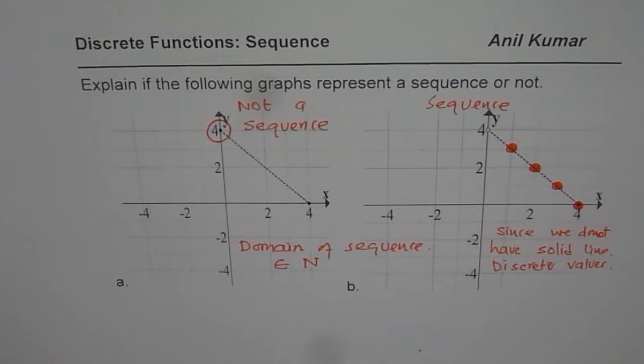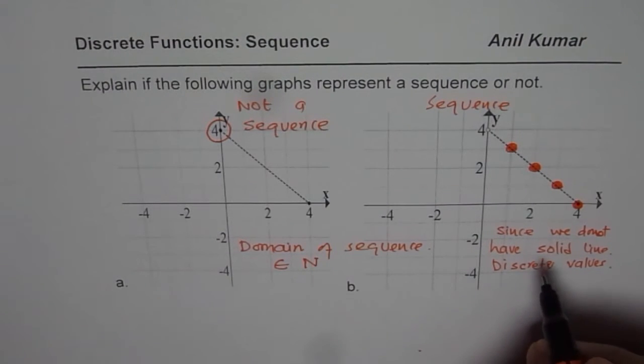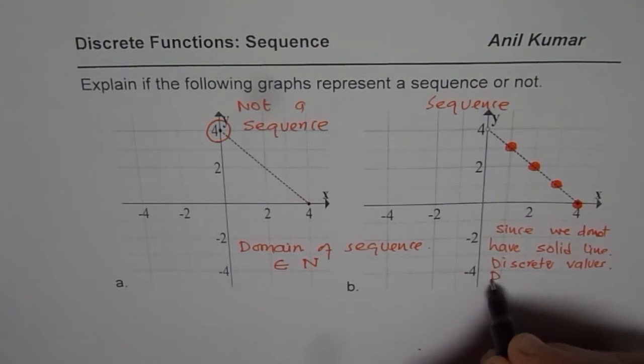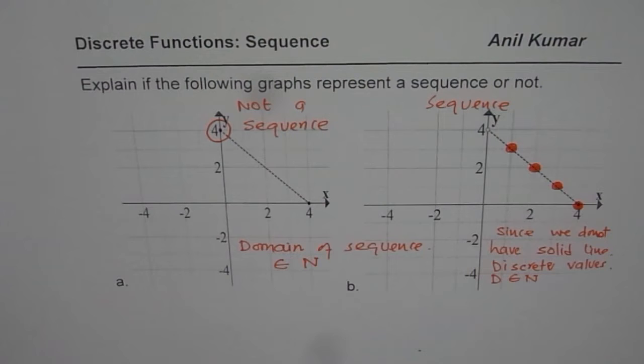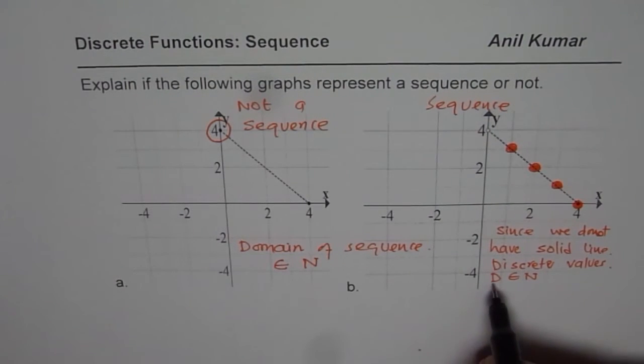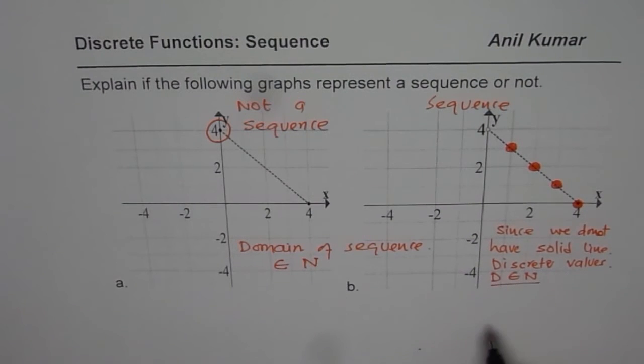Now, in this discrete sequence, we have to specify that the domain belongs to the set of natural numbers. Since we do not have a solid line, this line represents discrete values only. So the domain here belongs to natural numbers.